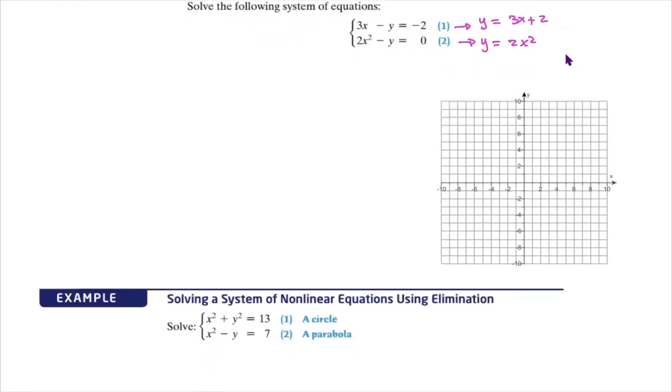Let's sketch the equation of the line first. The y-intercept is 2, the slope is 3, so that means you go up 3, 1, 2, 3, and then you go over 1. And if you go down 1, 2, 3, then you go left another one step.